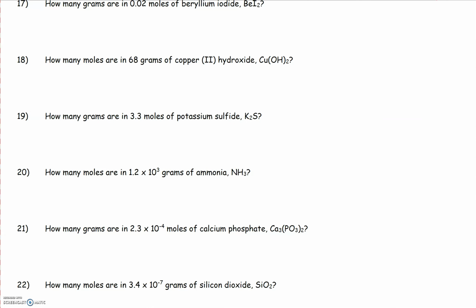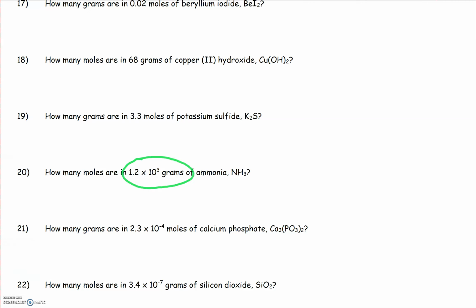Let's take a look here at number 20 because it has a couple of things of interest. It's got an exponential value, so I'm trying to show you how to put those into your calculator, and we're also going to solve for moles with a compound, not an element, so NH3 will have to be added up. So again, first thing is that I'm going to identify what I start with.